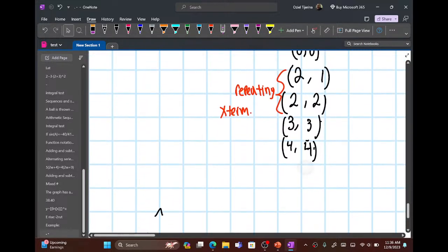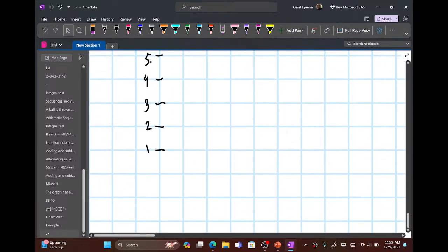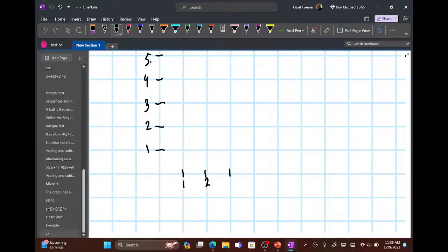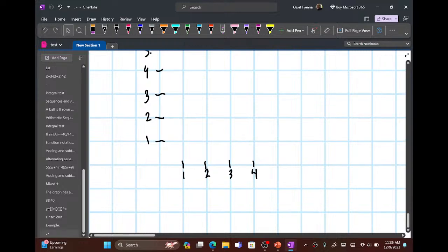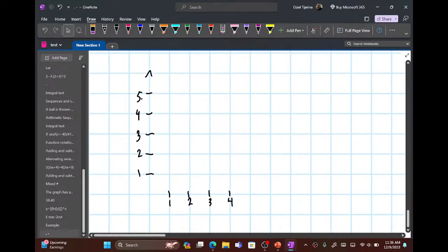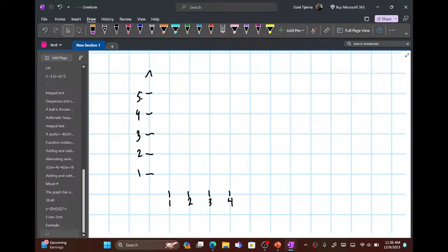So I'm going to do from 1 to 4. Now, like I said, it doesn't matter if it starts at the origin or not. We just want to know if it's a function or not.